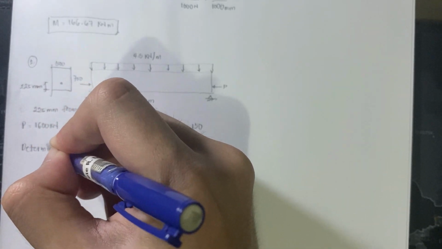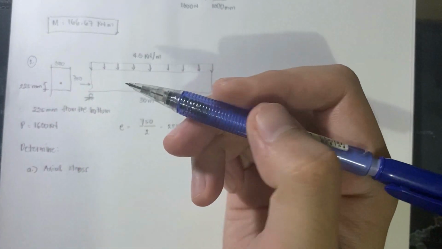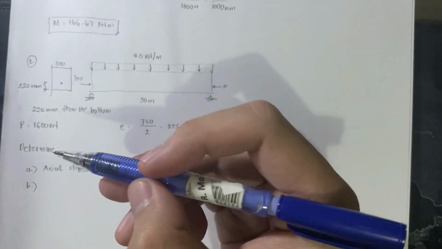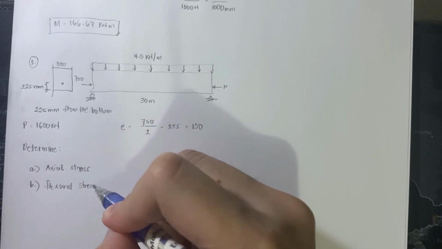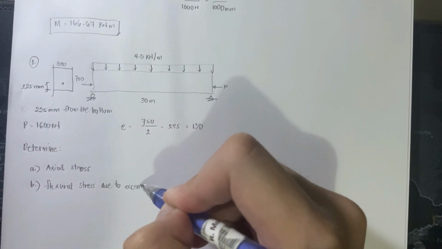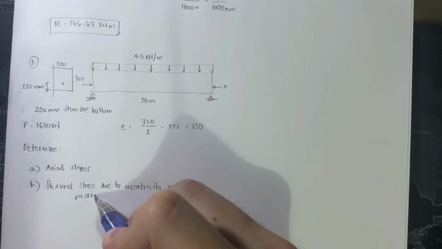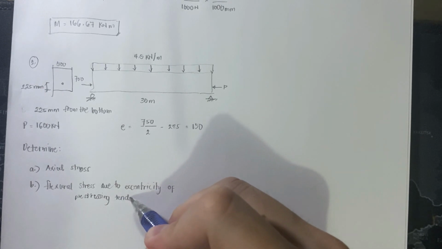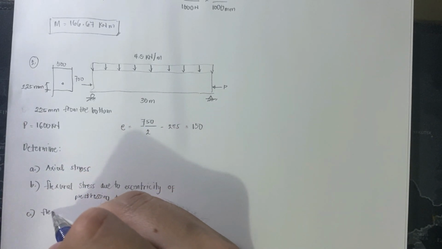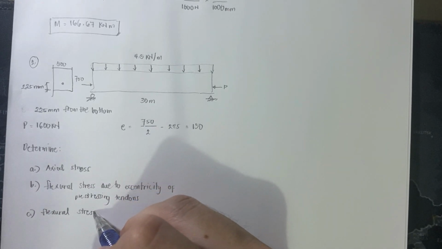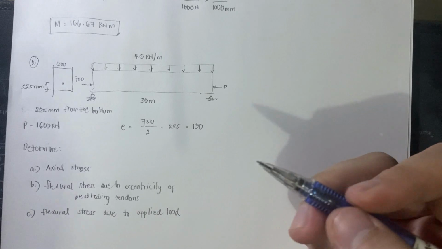So ang hinahanap is to determine the axial stress due to the prestressing tendon, and then the flexural stress due to the eccentricity of the tendons, and then letter C is yung flexural stress natin due to the applied load, which is in this case yung 4.5 kilonewton per meter natin.